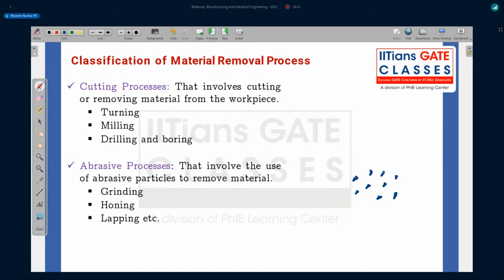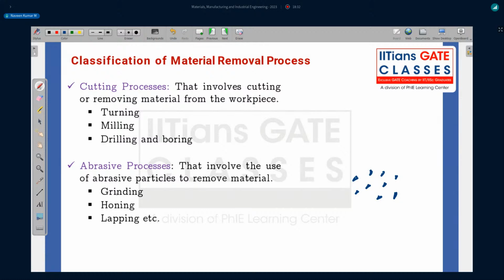Or else these harder particles can be bound together into a wheel, which then becomes a grinding wheel, right? So these abrasive particles will remove the material, and those kinds of processes come under abrasive processes. For example, grinding. In grinding, you might have seen there's a grinding wheel. In that, we have some abrasives. As the grinding wheel rotates, the material is removed.